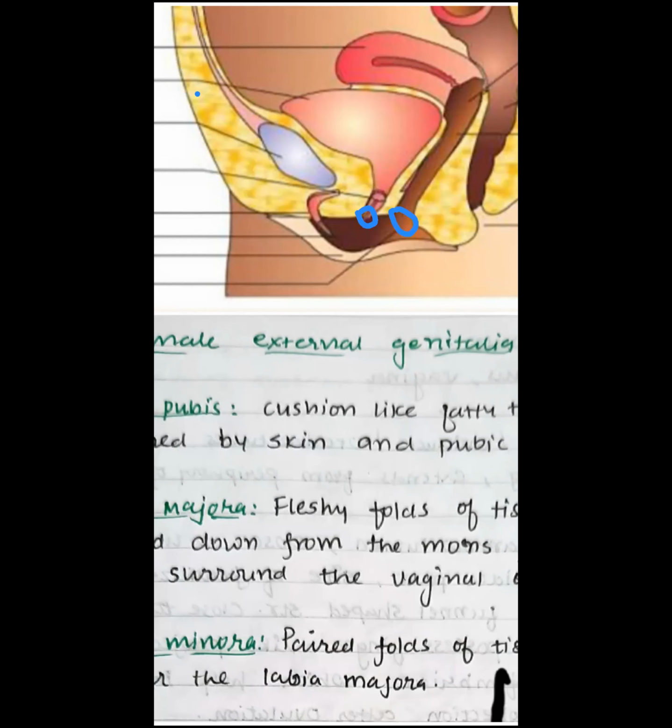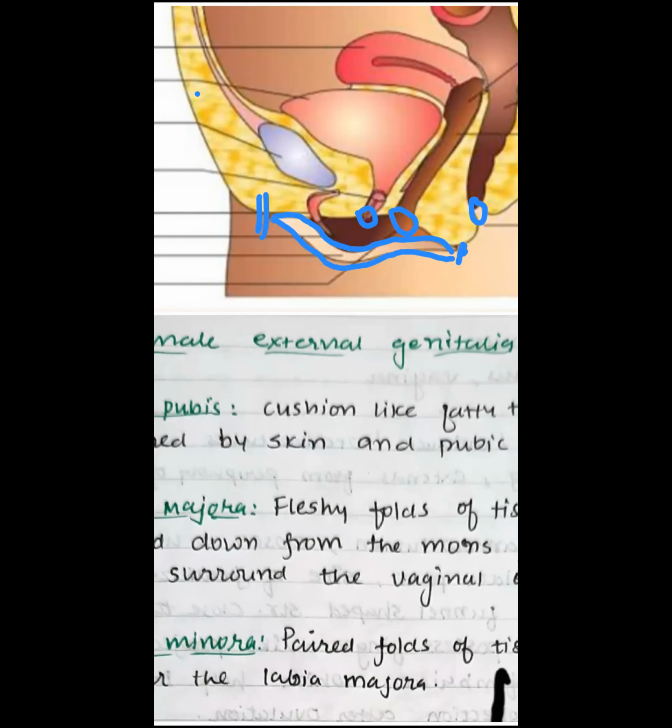So there are two sets of lips. The outer ones are fleshy folds of tissue, which extend from here to here. This is the anal aperture, so they extend in between this region. These are the labia majora, the fleshy folds of tissue which extend down from the mons pubis.